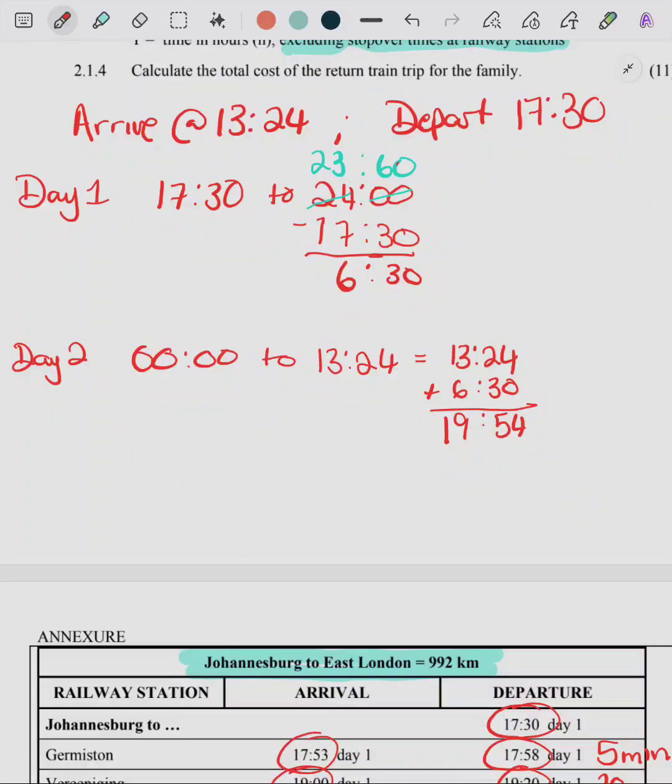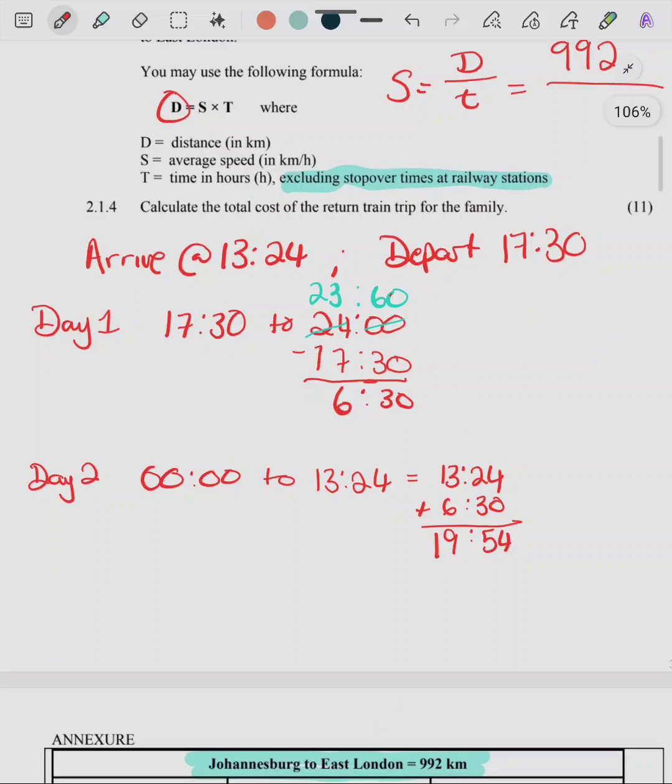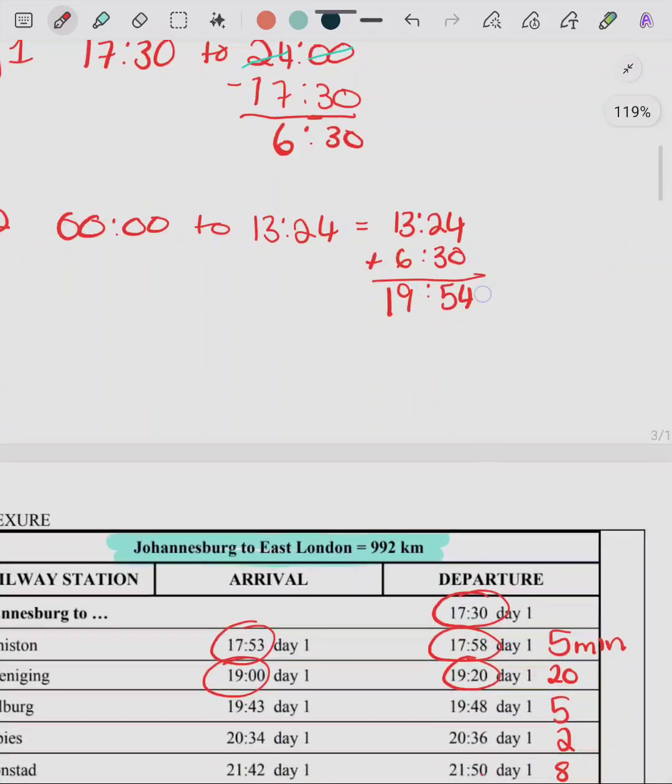But the question says that for time we want to exclude the stopover times, because the train wasn't moving then. It's not going to contribute to the speed. So I'm going to take that 19 hours and 54 minutes and subtract the 138 minutes that we calculated in the last question.